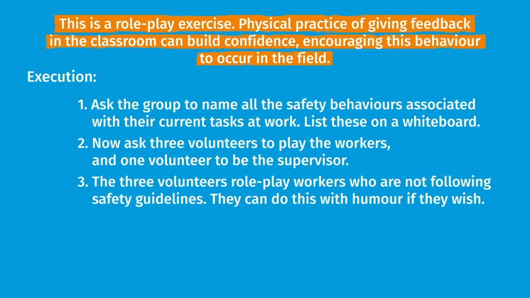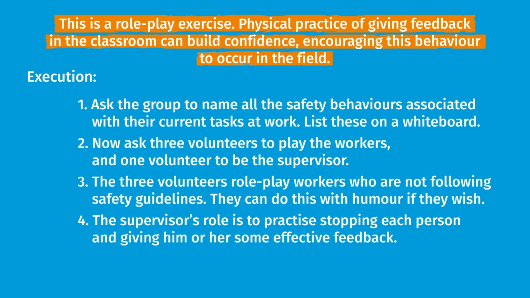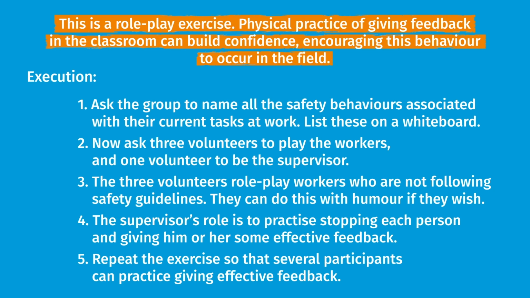The 3 volunteers should role-play workers who are not following the safety guidelines. They can do this with humour if they wish. The supervisor's role is to practice stopping each person and giving him or her some effective feedback. Repeat the exercise so that several participants have the opportunity to practice giving effective feedback.